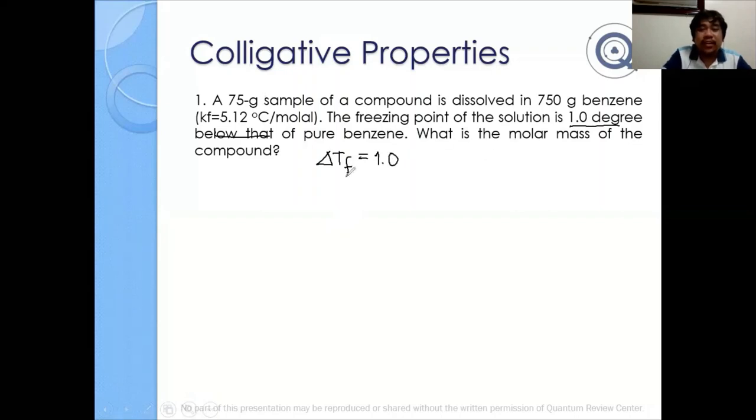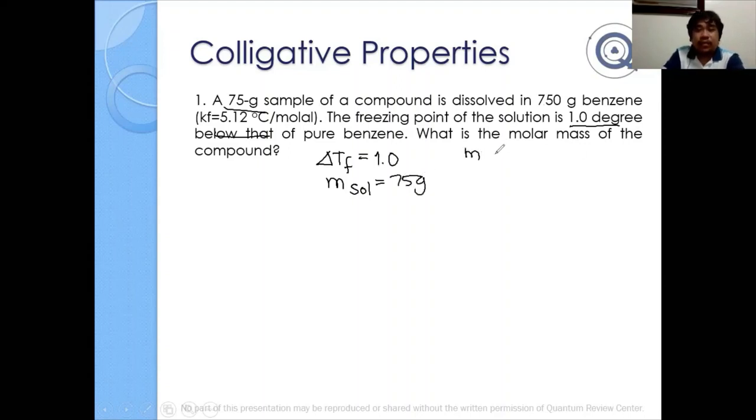Then you are given the mass of the solute, 75 grams, and the mass of the solvent is 750 grams. The Kf is given. You might use 1.86 and not realize that 1.86 is applicable only to water. So it is 5.12 degrees Celsius per molal.